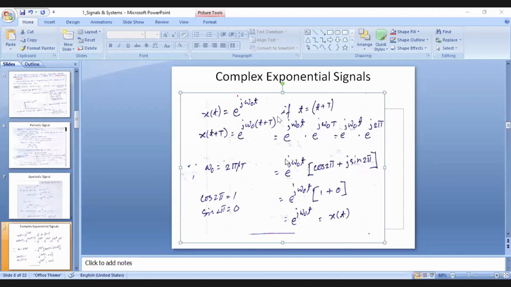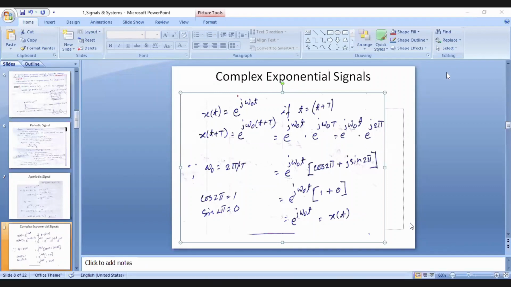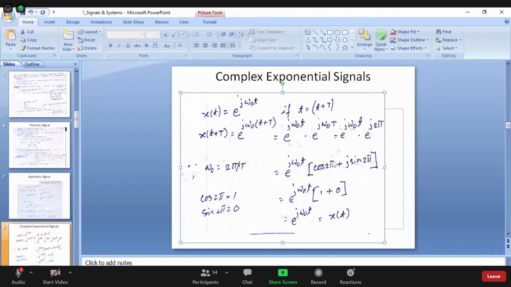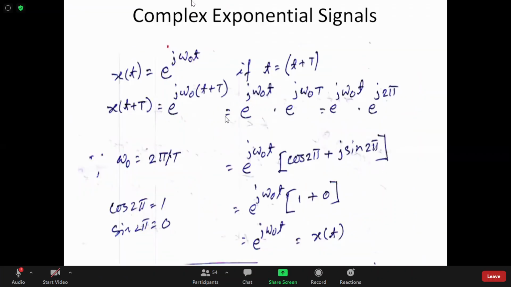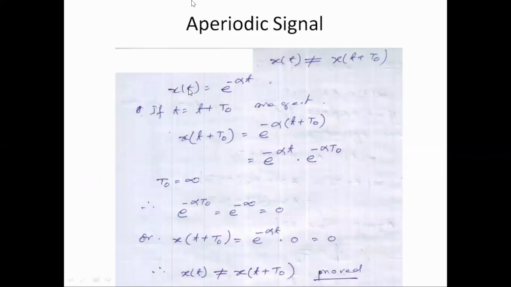Yesterday I also told you what the complex exponential signal is doing. This is the complex exponential signal e to the power j omega 0 t. In last class, you saw x(t) equals e to the power minus alpha t, where there is no j or i.